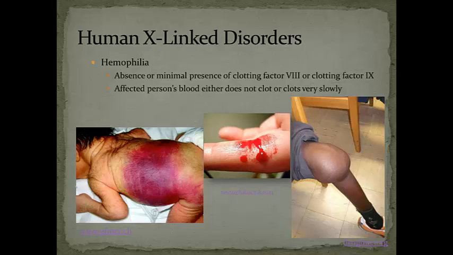The other one, the baby with the huge bruise, is a newborn who is not getting treated yet. That's the problem with hemophilia: you can die from a bruise because you never stop bleeding under your skin. You can die from a paper cut. So that one's nasty.